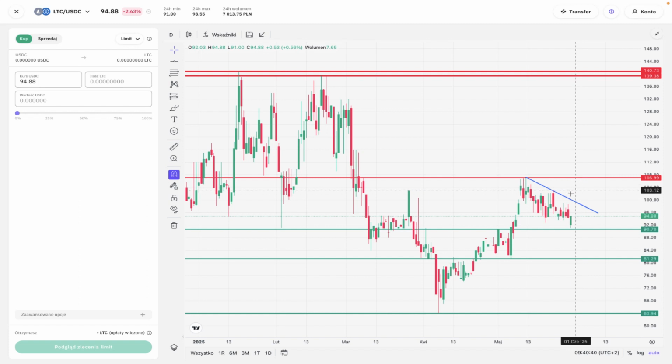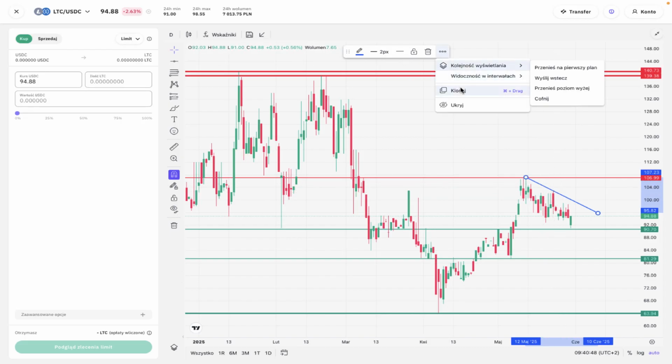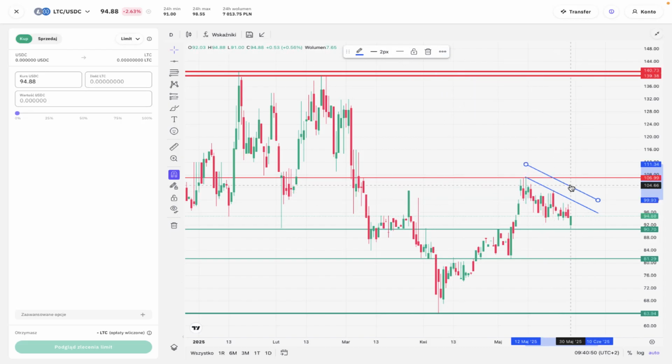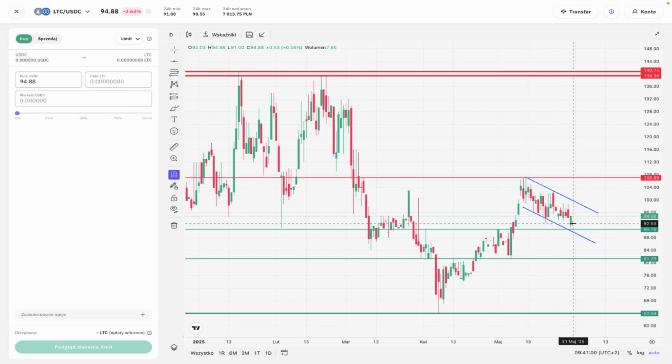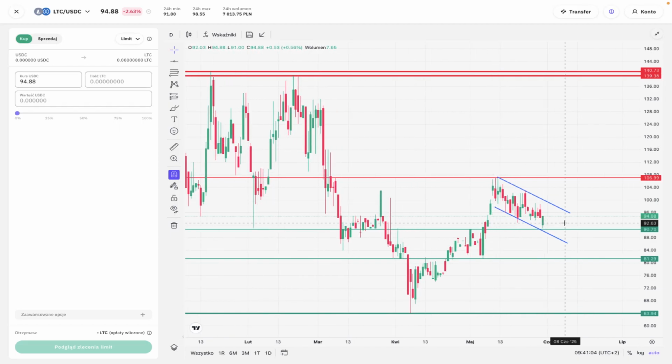Nevertheless, if we assume a little bit more optimistic situation here, that, for example, let me just clone this trend line. If we assume that we are making some sort of bullish flag pattern, then of course that's a completely different perspective, a completely different scenario.